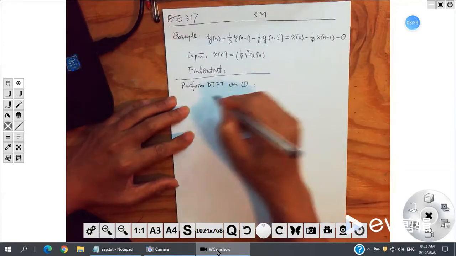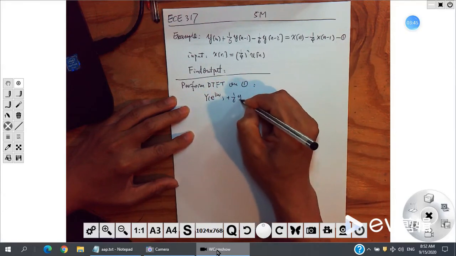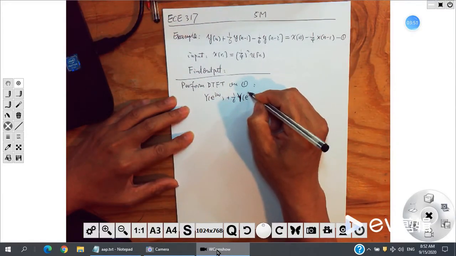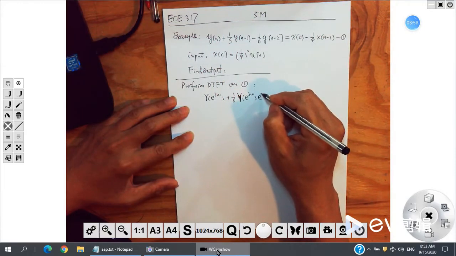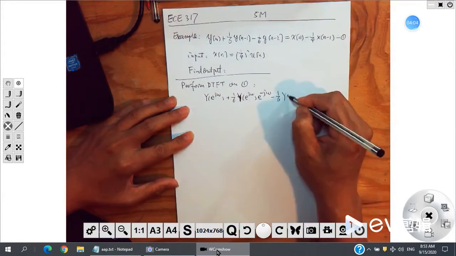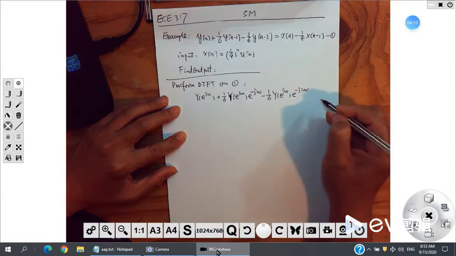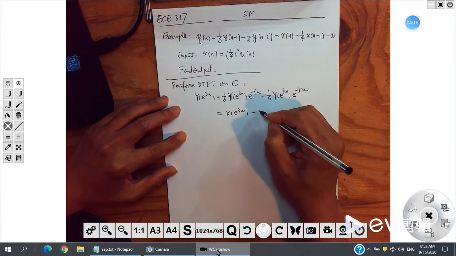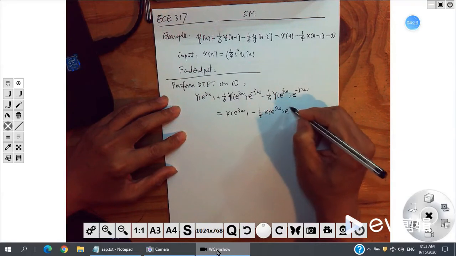Then we have Y of e to the j omega plus 1/6 Y of e to the j omega times e to the negative j omega, and minus 1/6 Y of e to the j omega shifted by 2 omega, equal to X of e to the j omega minus 1/4 X of e to the j omega shifted by 1, so it is e to the negative j omega.